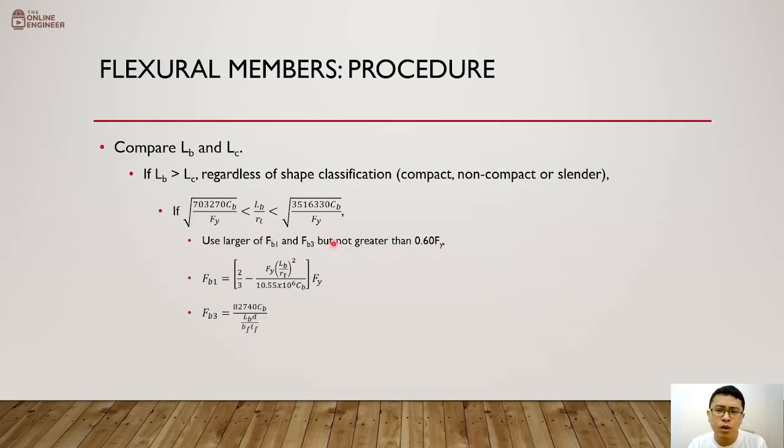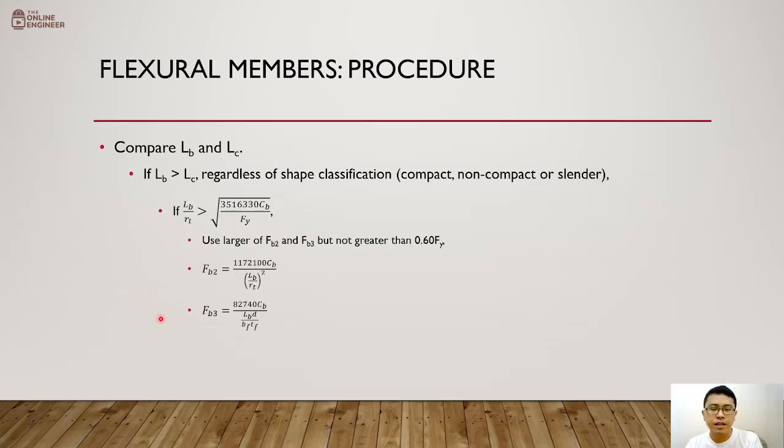Now, what are FB1 and FB3? These are the formulas. FB1 is (2/3 minus FY (LB over RT) squared over 10.55 times 10 to the 6 CB) times FY. FB3 is 82,740 CB over (LB D over BF TF). Later on, we'll also have a look at the formula for CB, which is the moment gradient multiplier.